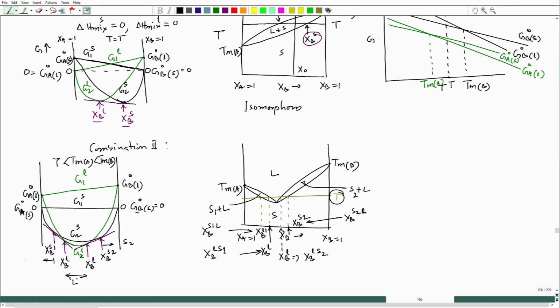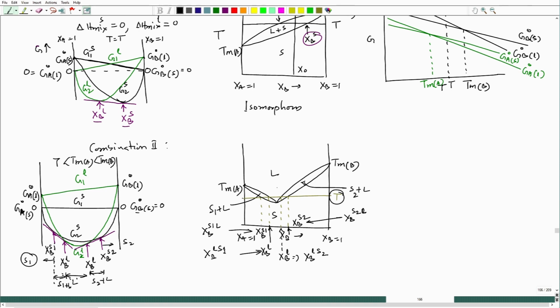Left side of this composition solid 1 would have the lower free energy, and in between this common tangent we have S2 plus liquid, that will be stable, and here between these two common tangent we have S1 plus L, that will be stable.